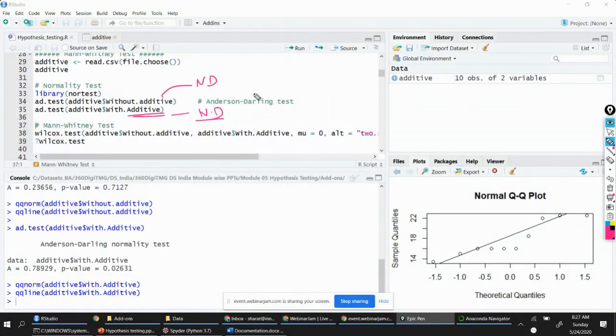The same transformation should work, and this also should remain normal. Here also it should remain normal. That is basically what we need to do here, which is a little tricky, especially when we have a large number of samples.